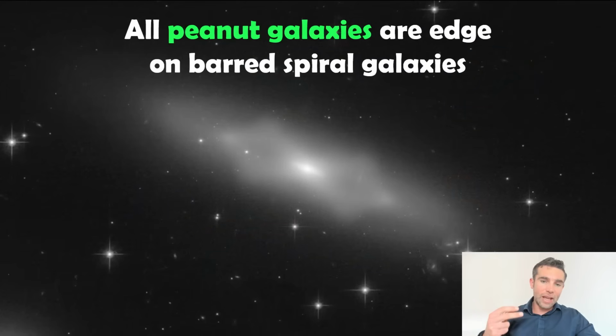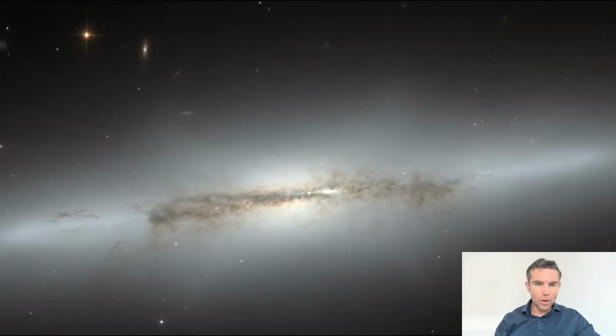So here you've got one, you can see the X shape there actually. So this is viewed almost edge on. And all peanut galaxies are basically barred spiral galaxies that are viewed edge on. So you're looking edge on at a barred spiral galaxy, and because of those orbits of those stars that are now overlaid onto one another, you get that peanut or X structure in the center part. So again, you've got another one there.